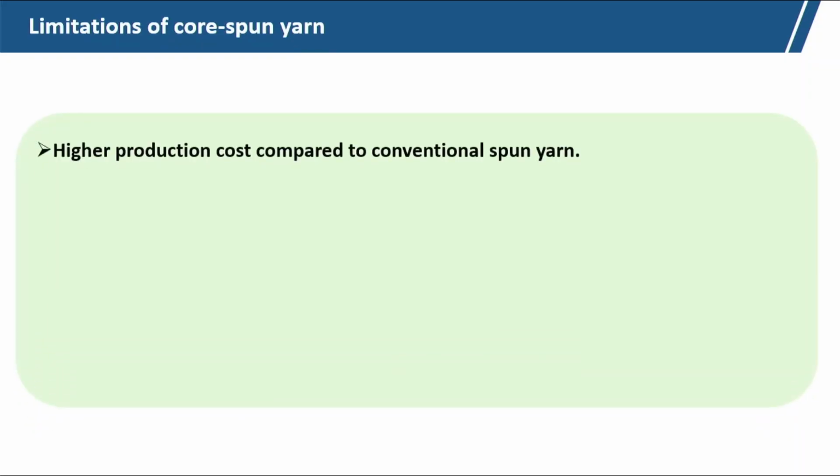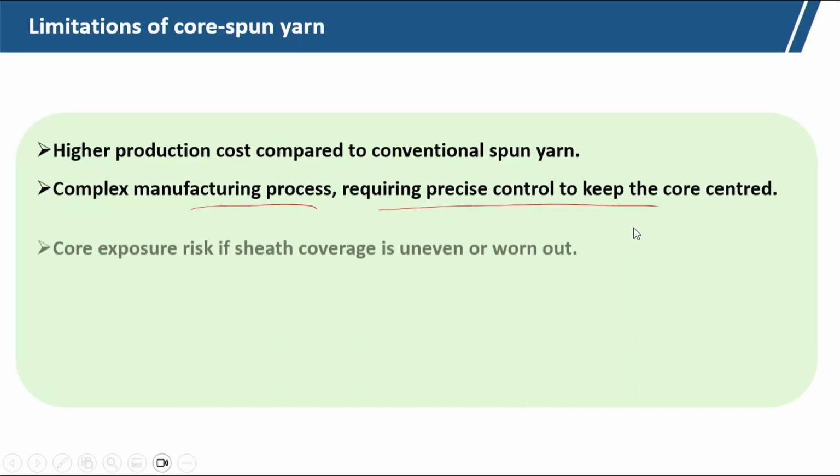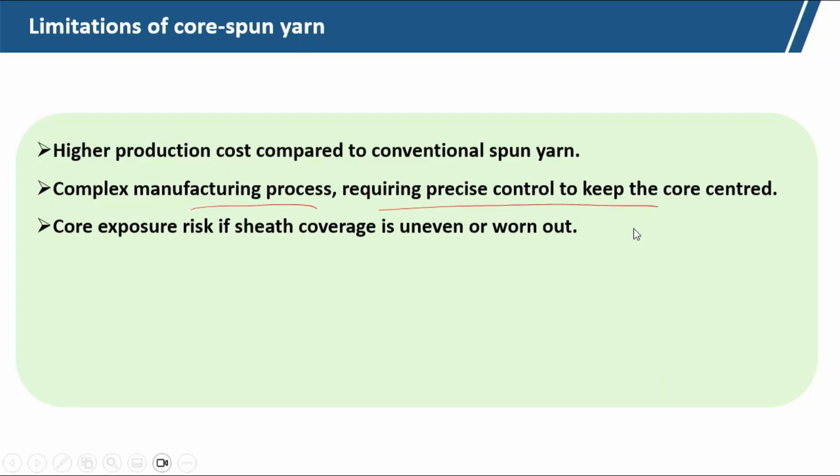The limitations of core spun yarn: higher production cost, because we have to add some additional attachments, and a complex manufacturing process that requires precise control. So, it is not that simple. There is a core exposure risk if coverage is uneven or worn out, so the core may come out.